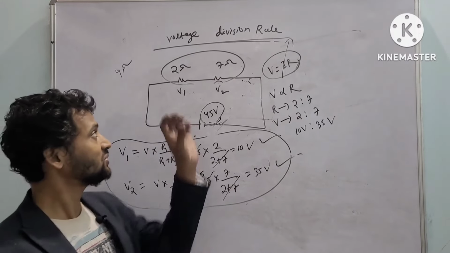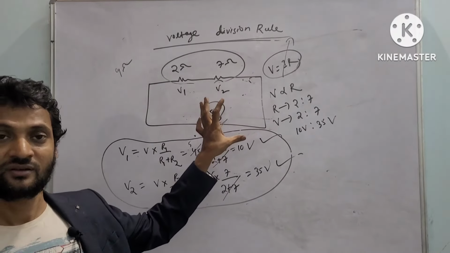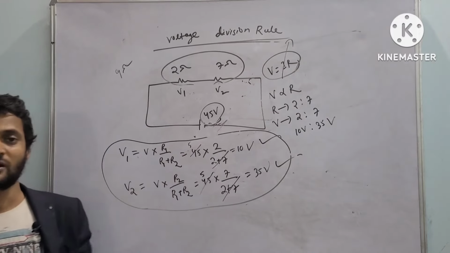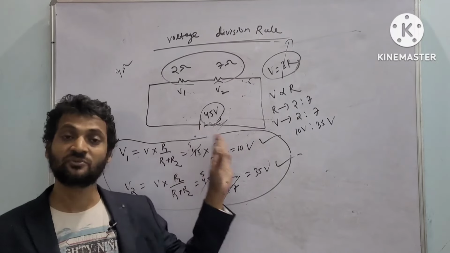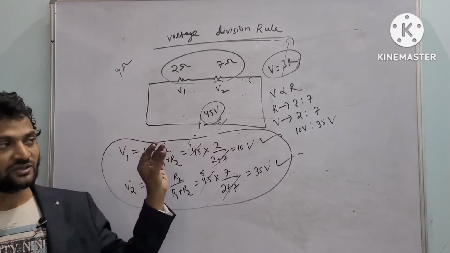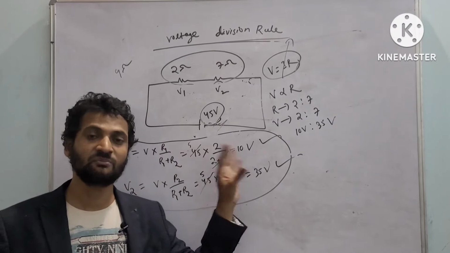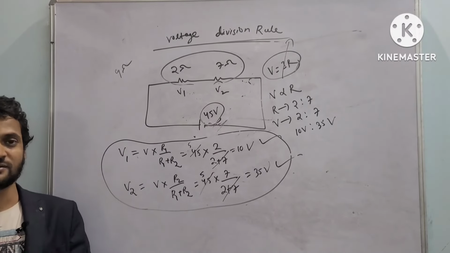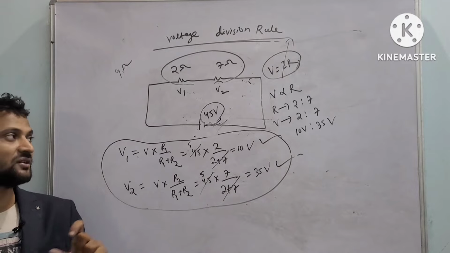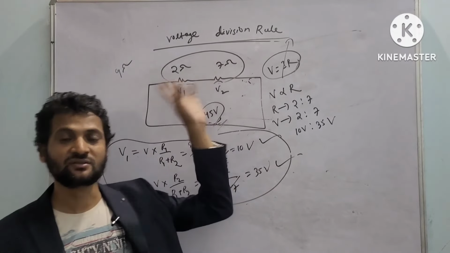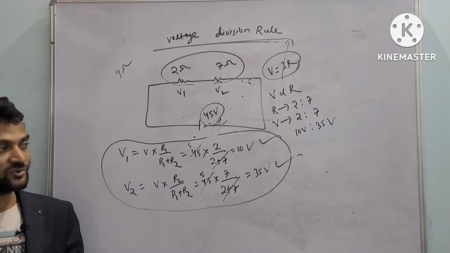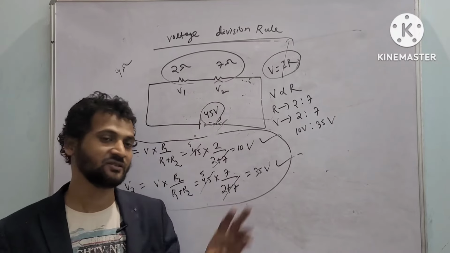But उसमें ये छोटा छोटा पार्ट है. Why I'm giving more importance to current division formula and voltage division formula? ये actually small part is very important. So in that circuit we'll get a small segment. In that segment we'll use this concept. So don't forget this one. This is very basic thing.